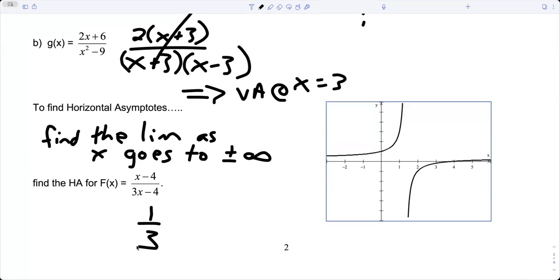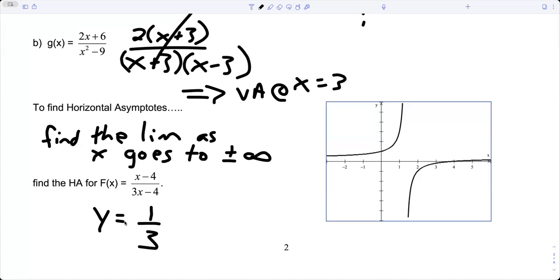Why not? Well, a horizontal asymptote is a line, right? Is this a line? No, this is just a number, right? So you have to write y is equal to 1/3 as the horizontal asymptote.